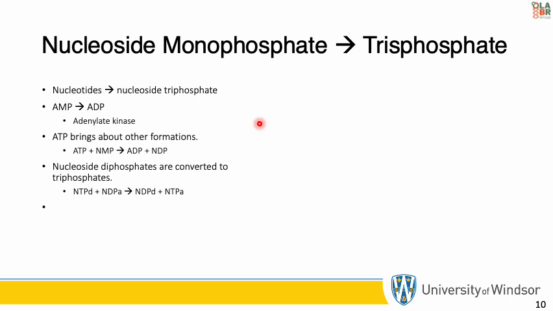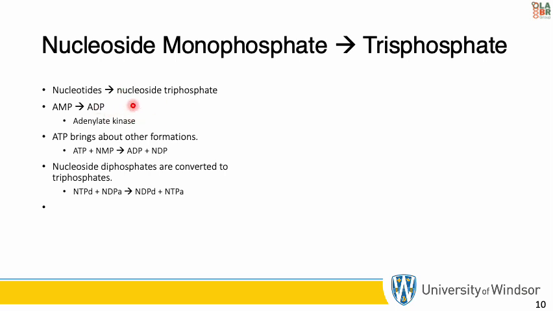So, phosphorylation of AMP to ADP right here is done through adenylate kinase, in the reaction ATP plus AMP gets you 2 ADP. You can see right here AMP to ADP, and this is a reversible reaction, so keep that in mind.